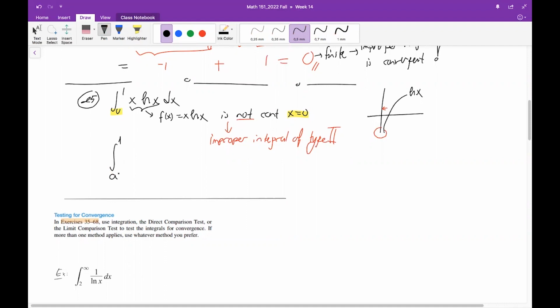Just name that part as a variable. And then you need to send that variable to where it should be. It should be approaching 0, but from which direction? Let me explain. Always you let your variable approach the lower or upper boundary from inside the interval. And here, if a is inside the interval (0, 1), the direction should be from the right, okay?